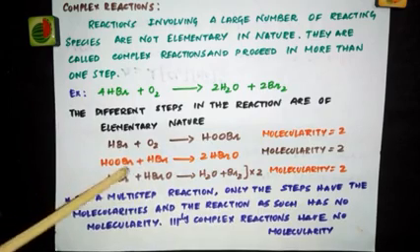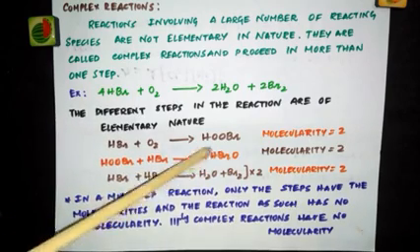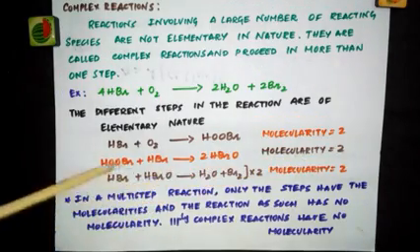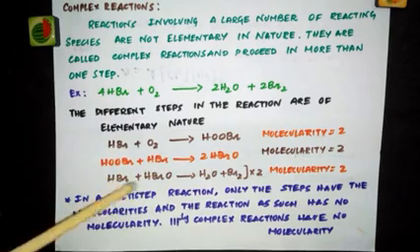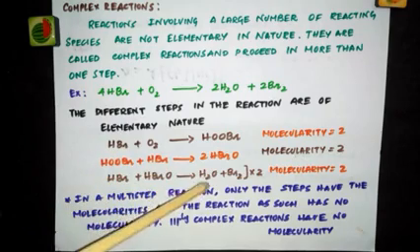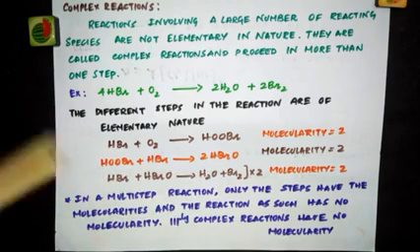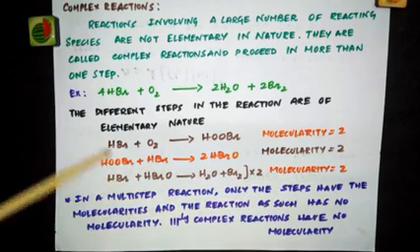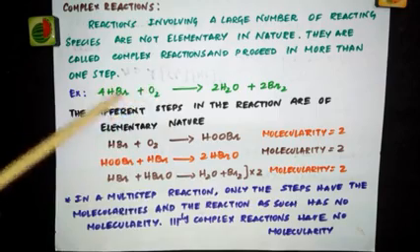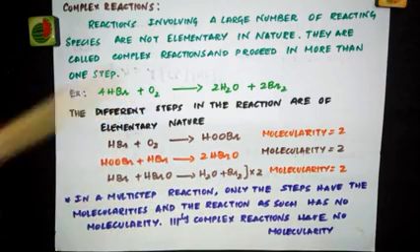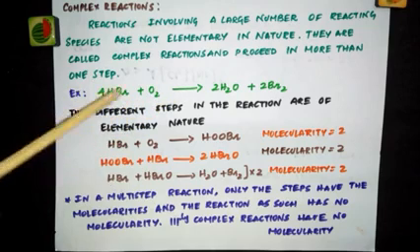In the second step, HOOBr plus HBr gives you 2HBrO, so the molecularity is again 2. Next, HBr plus HBrO gives you H2O plus Br2, and the molecularity is 2. To get the overall equation we multiply this step by 2, so that when you add up all these equations, you get the overall reaction.